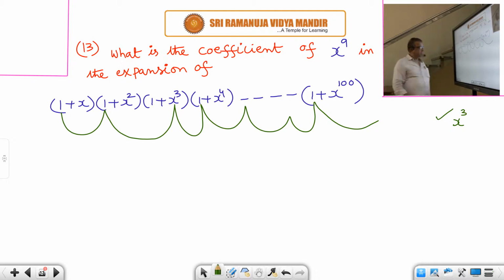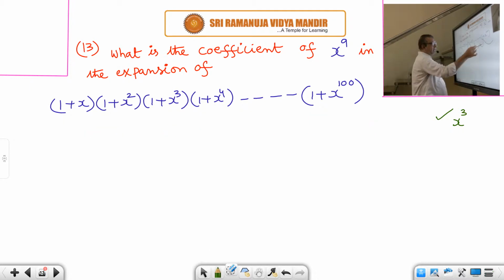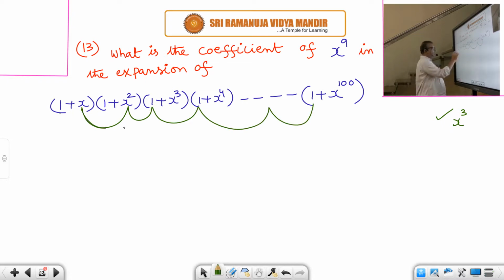What is the other way of getting x cube? Take x here, x square here, then all ones. x into x square is x cube, with the remaining ones.